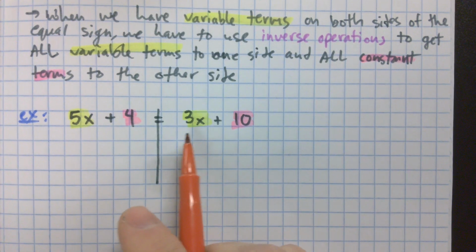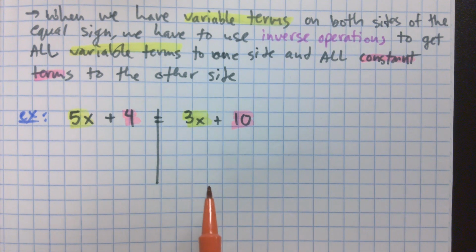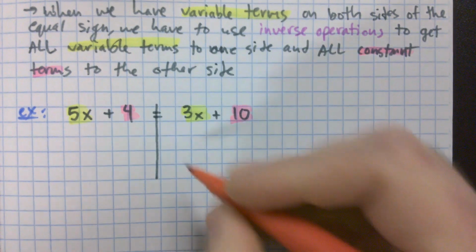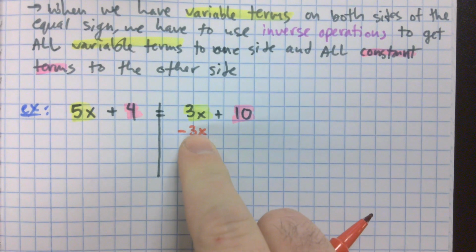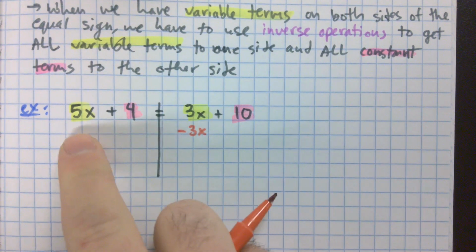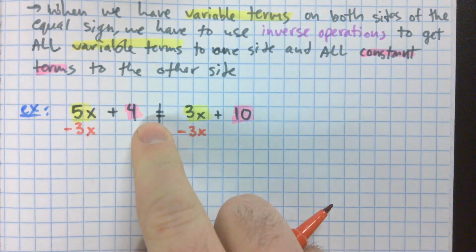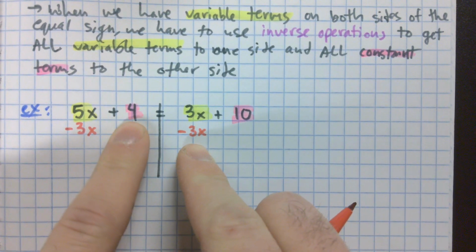Is my 3x here positive or negative? It's positive, right? So what's the opposite of positive 3x? Negative 3x. I'm going to write that directly under 3x. And I'm going to write it directly under 5x. Don't write it underneath the 4 because we can't combine that variable term with the 4.